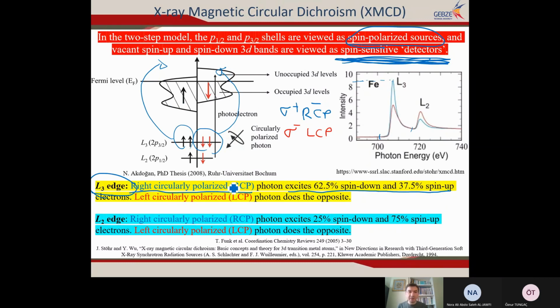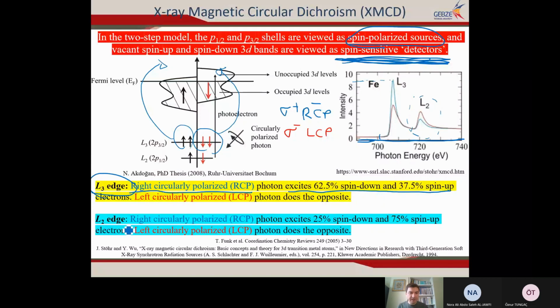And here you continue to scan the energy. Just look at the figure here. We scan the energy. We have started before 700 electron volts, and we continue to change the energy of the incoming photon. And now the energy is close to the L2 energy of the iron element.